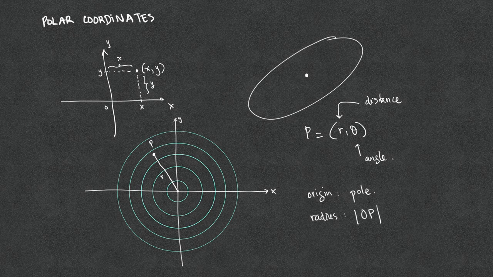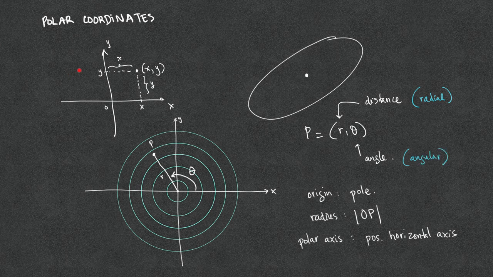The angle that this ray forms with the positive horizontal axis, which is called the polar axis, is theta. r is called the radial coordinate, and theta is called the angular coordinate.